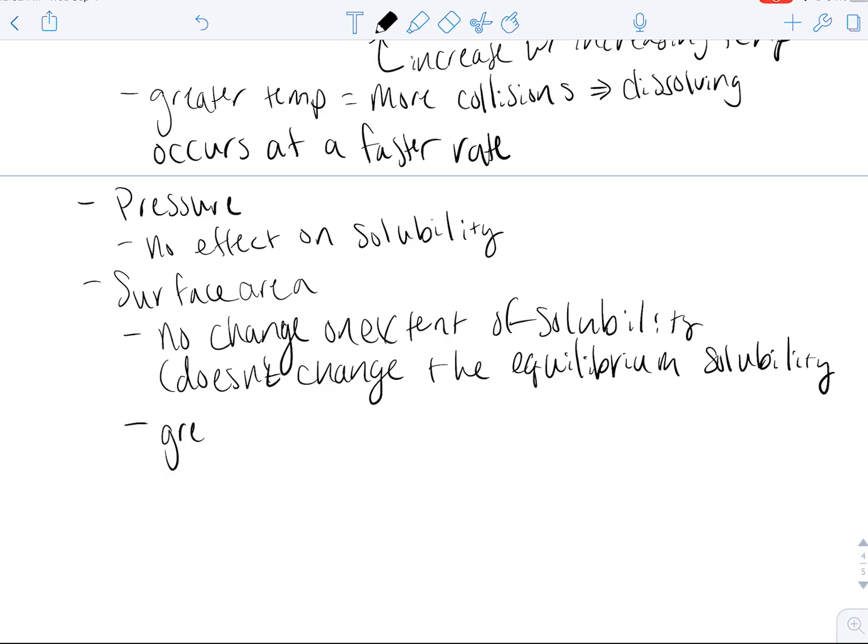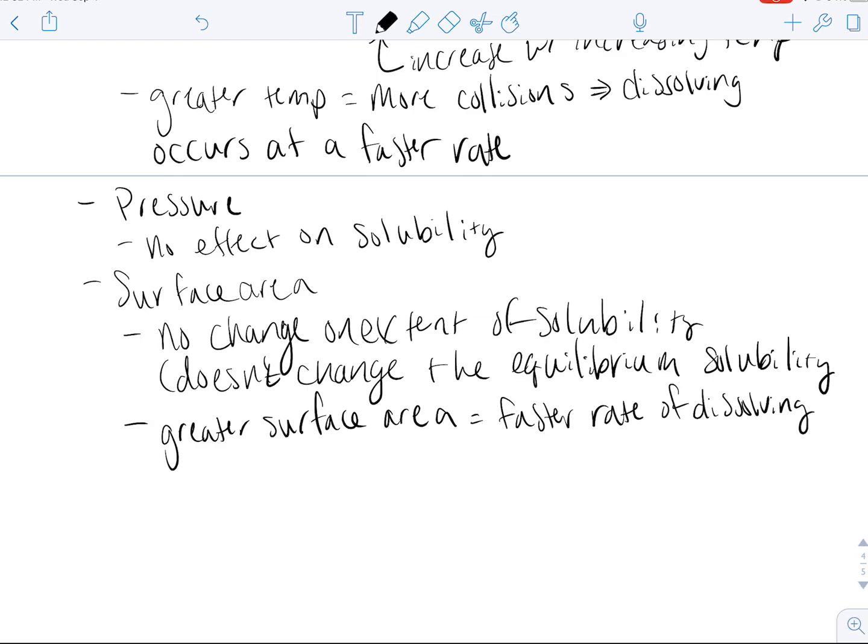Greater surface area means a faster rate of dissolving, and that's again because we have more areas for collision, giving us more collisions between our solute and our solvent.